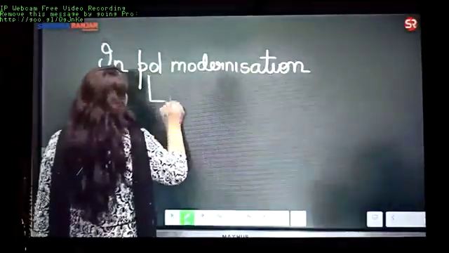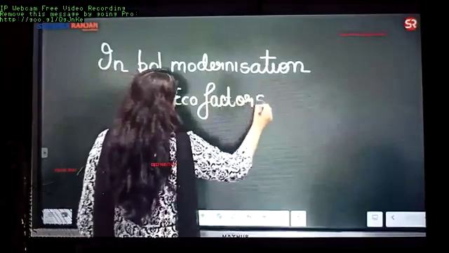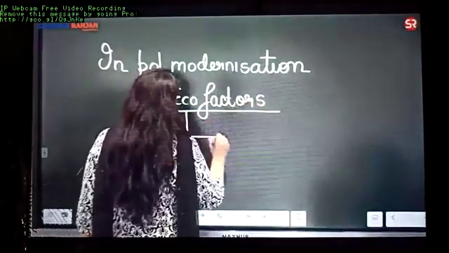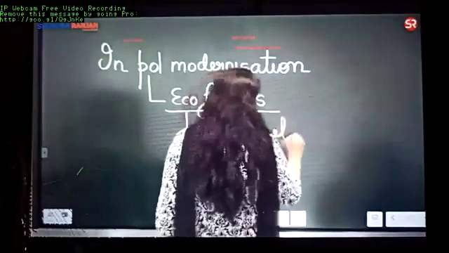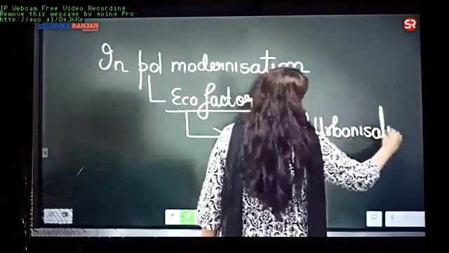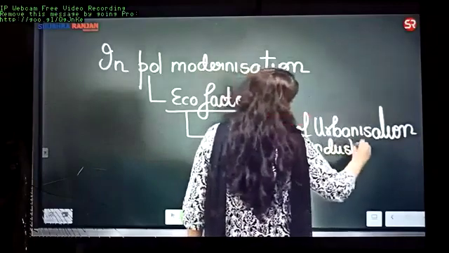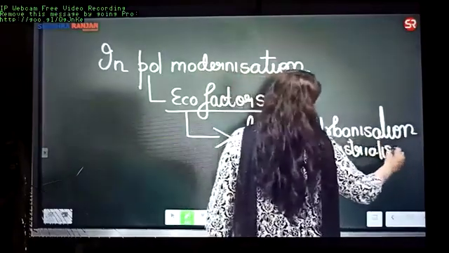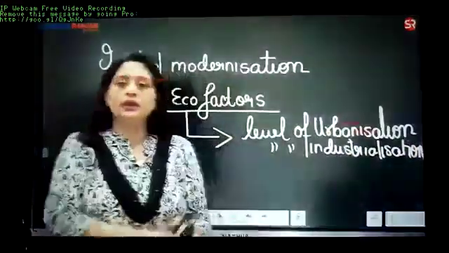So in political modernization, economic factors are taken into consideration. So we see here the level of urbanization, level of industrialization. This you will understand in detail in comparative politics.